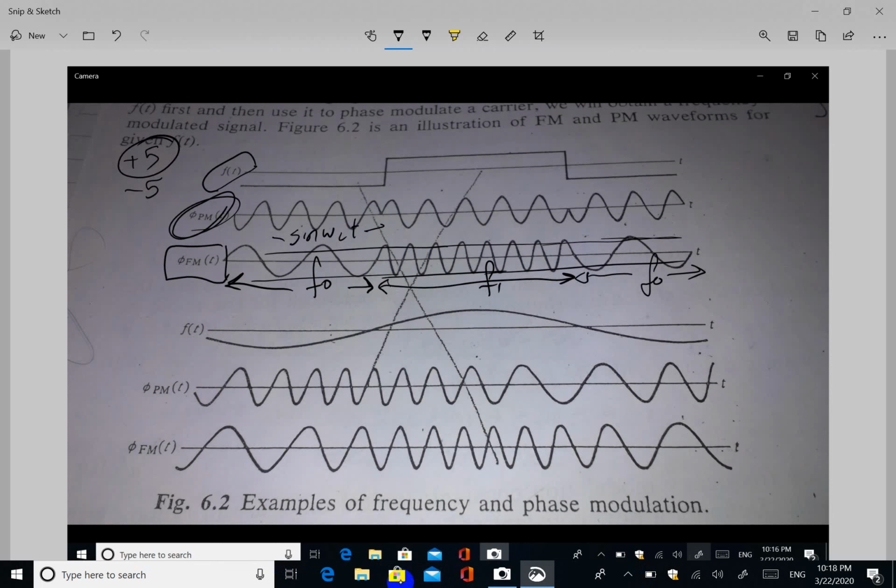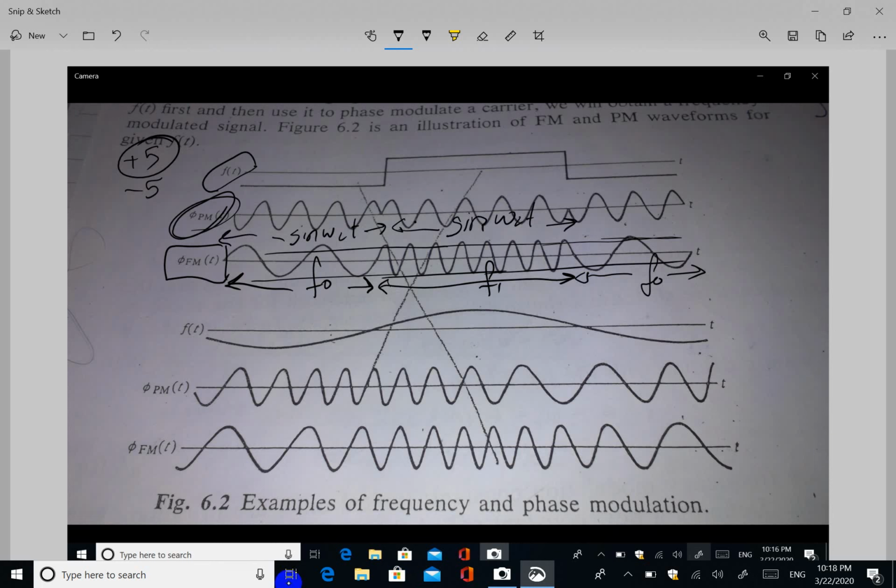from here to here you have minus sine, and from here to here you have sine omega c t. So you have the same frequency but a phase difference, from -1 to +1.